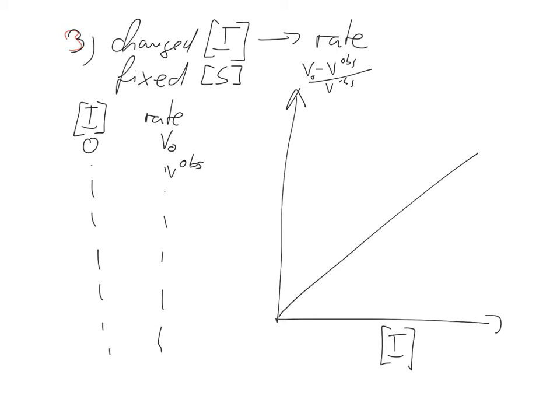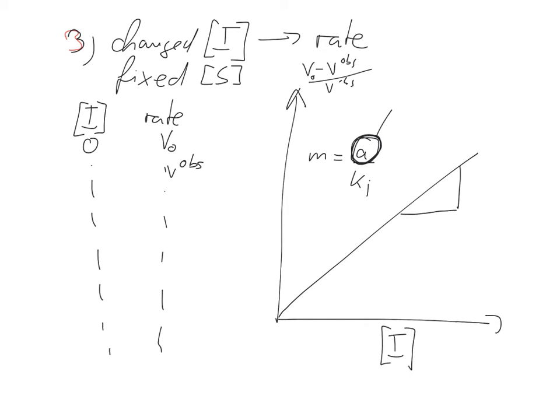Now the gradient of this straight line contains the Ki. So this gradient m equals a factor A over Ki. Now this A can be two different things.